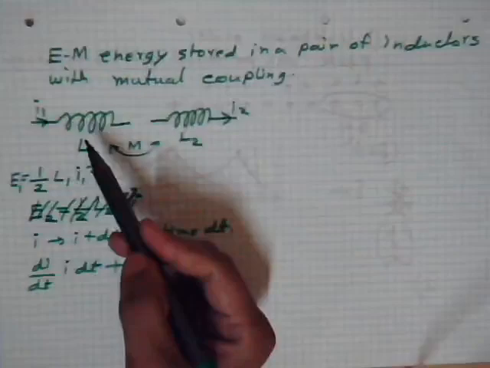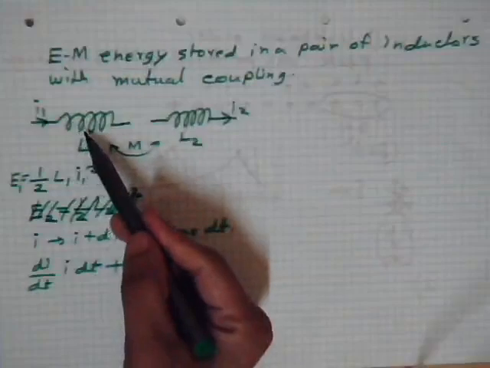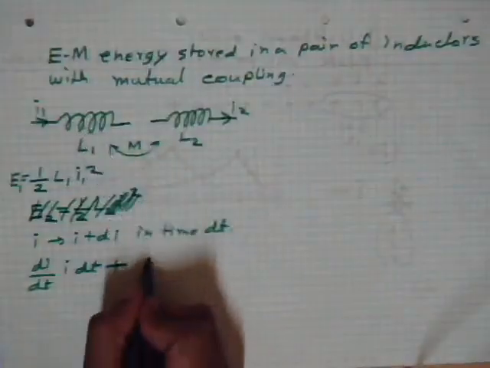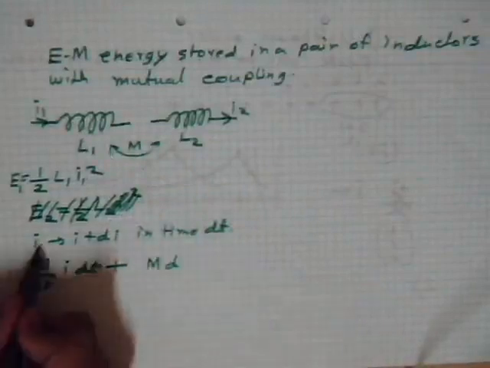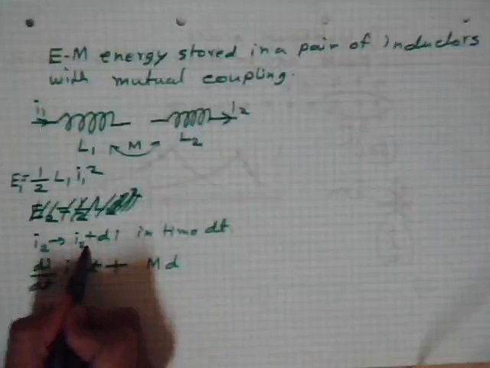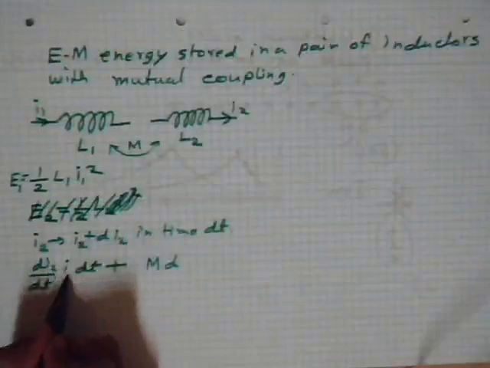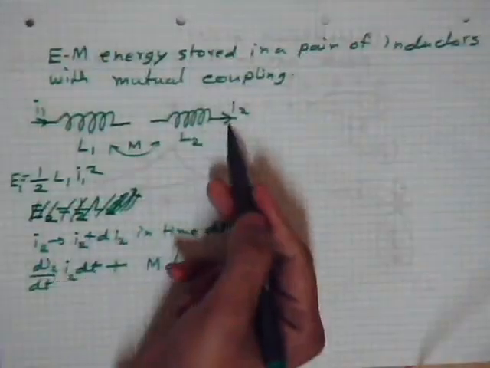plus in the first coil there will also be a voltage which is M dI2/dt. All of these are I2 because this is the current in the second coil.